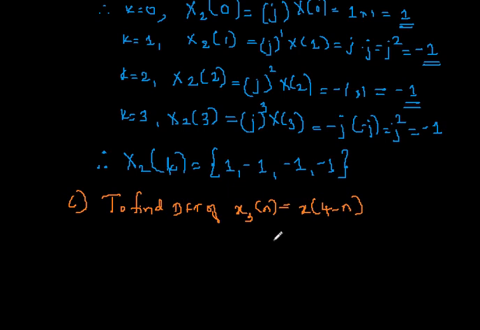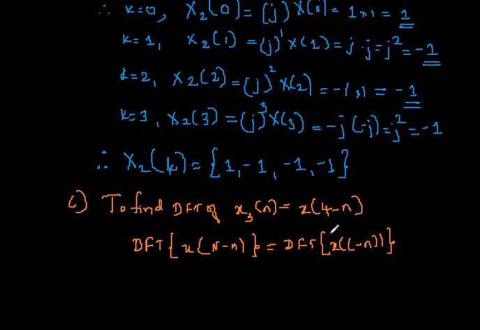So how do I find the DFT of that? I'll write the DFT of x of minus n is equal to what? This is nothing but making use of the circular folding property.